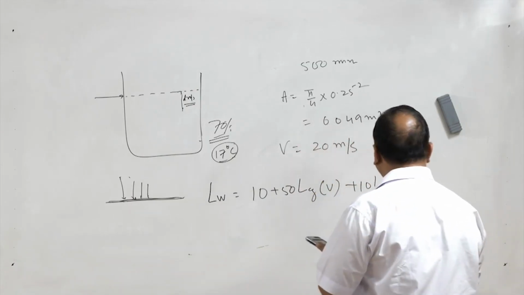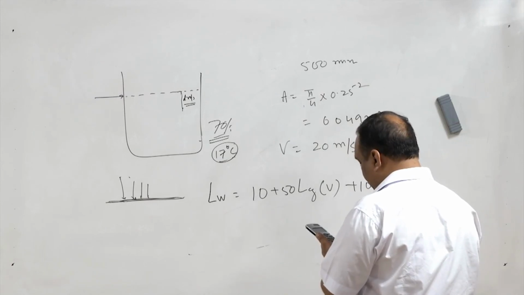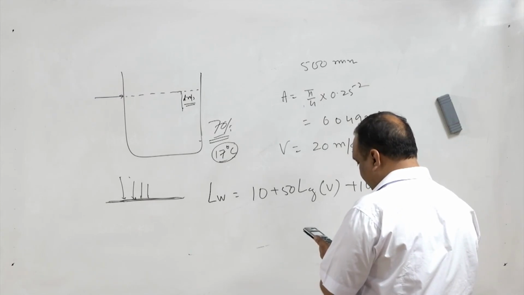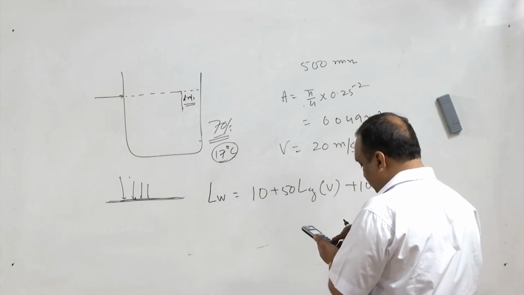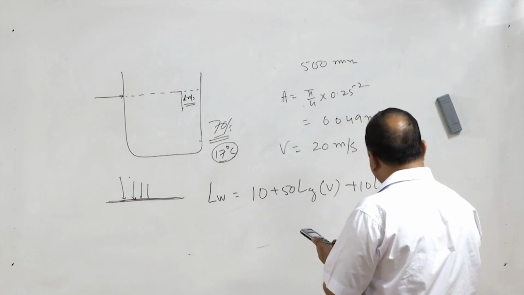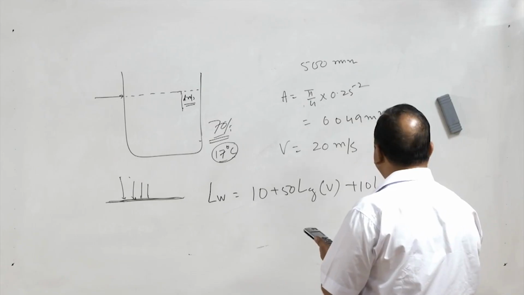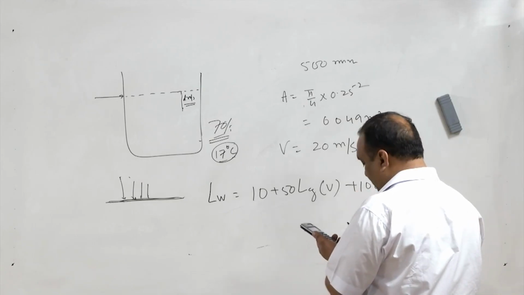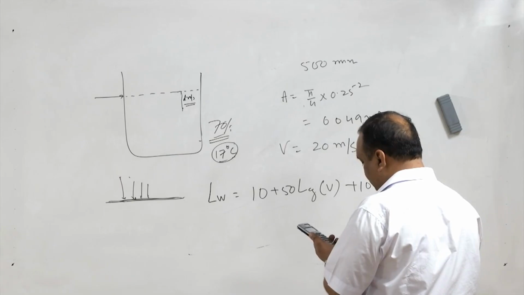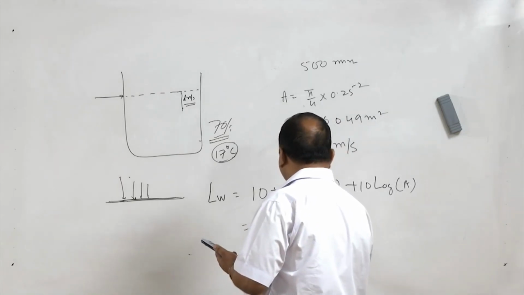So noise level we can calculate as 10 plus 50 into log of velocity, that is 20, plus 10 into log of area, that is 0.049, that is 61.95 approximately.